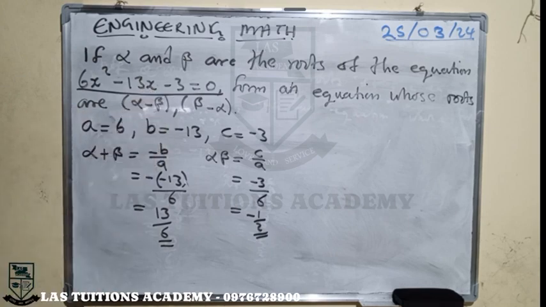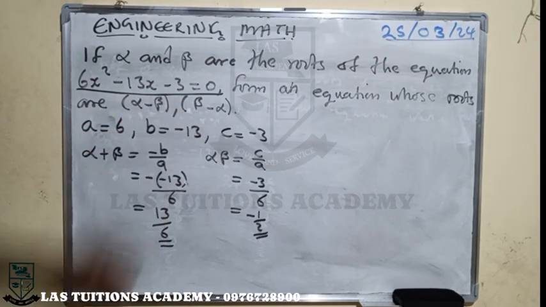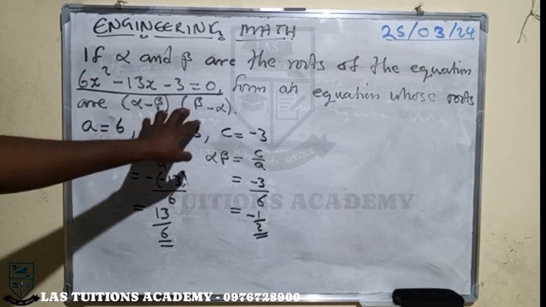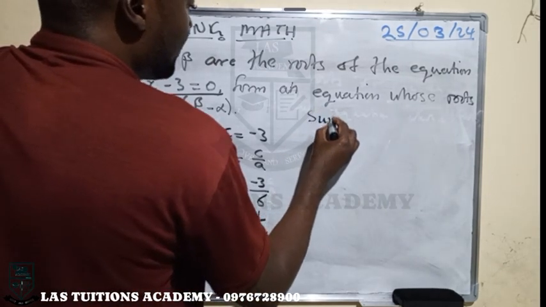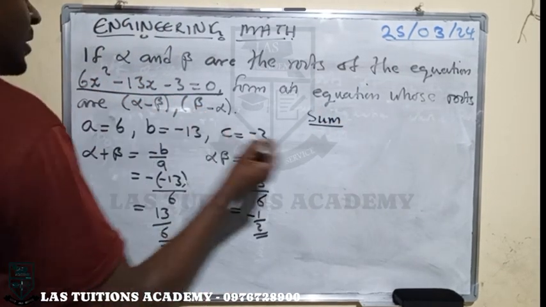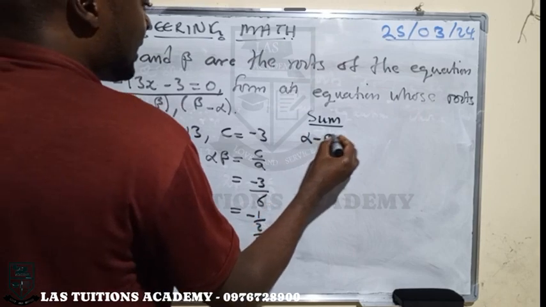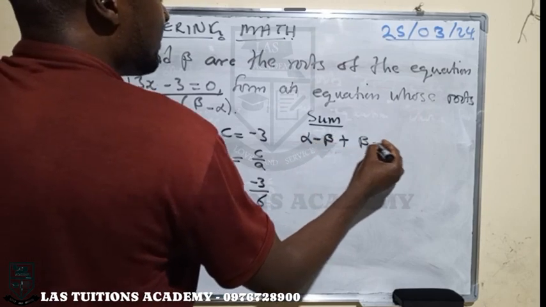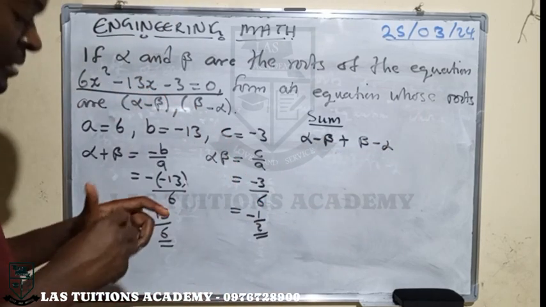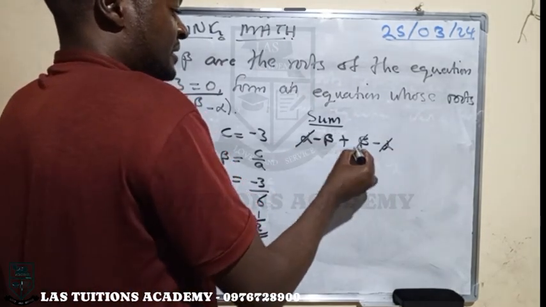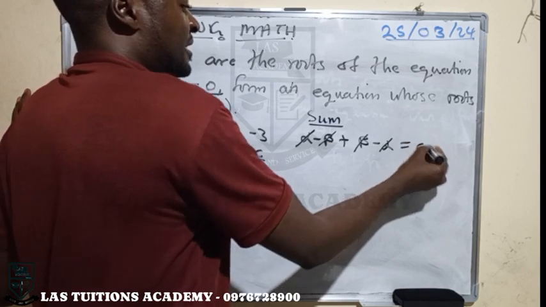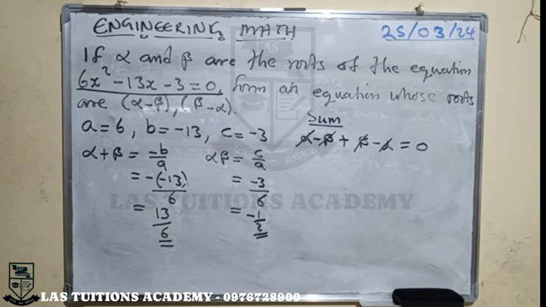You need to multiply them to get the product, add them to get the sum. So let's begin with the sum of the new roots. We have alpha minus beta plus beta minus alpha. You see that this is plus, this is minus, this is plus, this is minus. So here you simply get a 0. So the sum of the roots there is going to be 0.